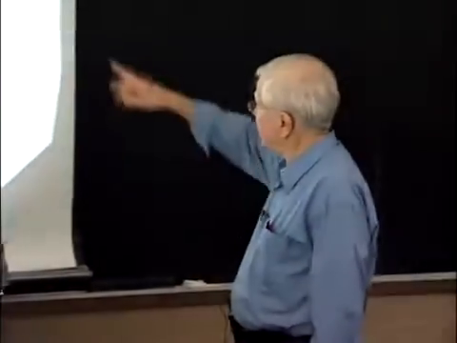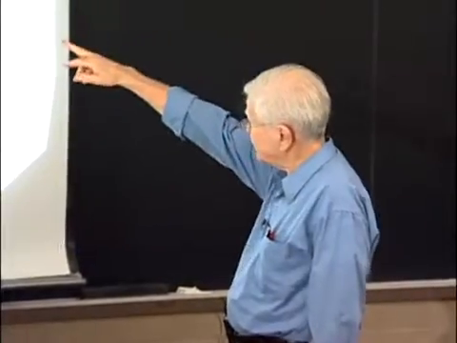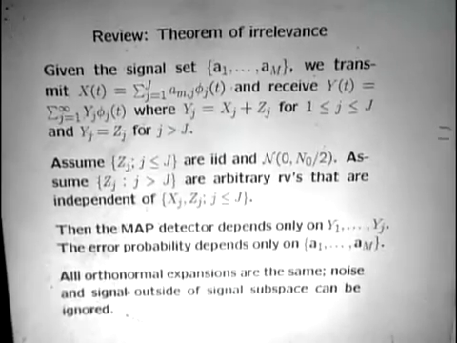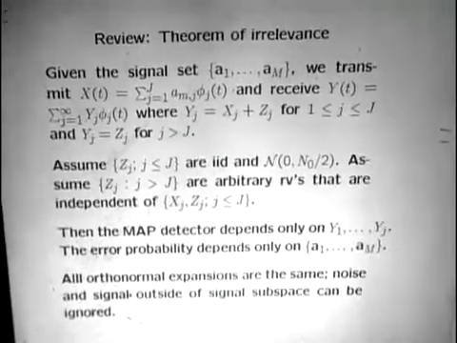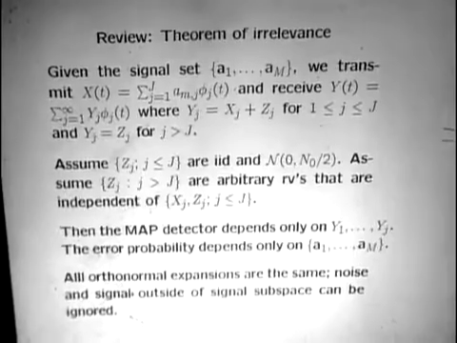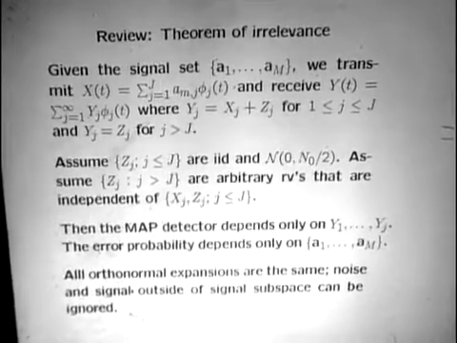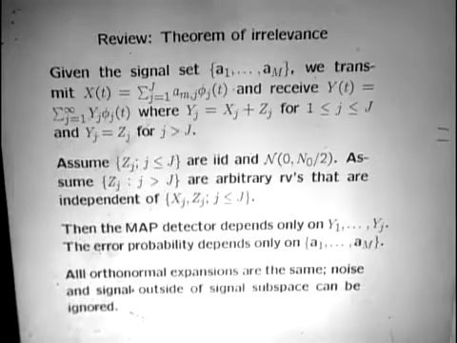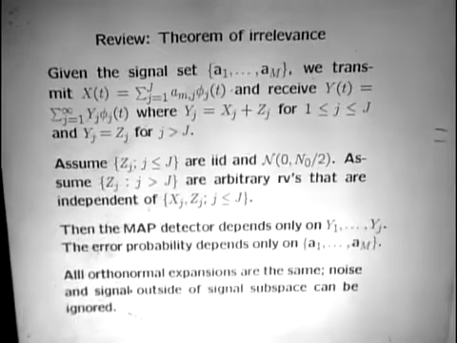And also, if you'll notice, I've written the thing that we receive as including a whole lot of other stuff. In other words, the signal is constrained to J different degrees of freedom. And what you get out of the channel involves a much larger set of degrees of freedom.